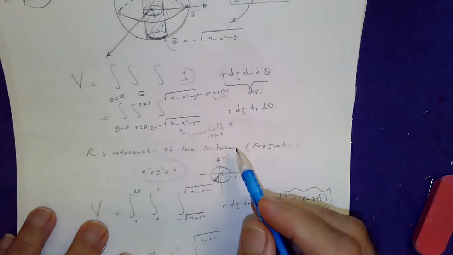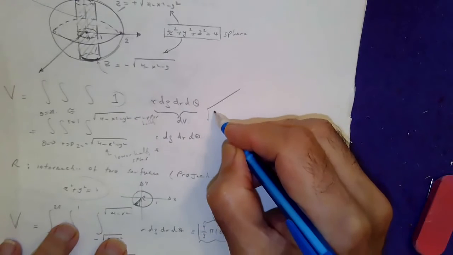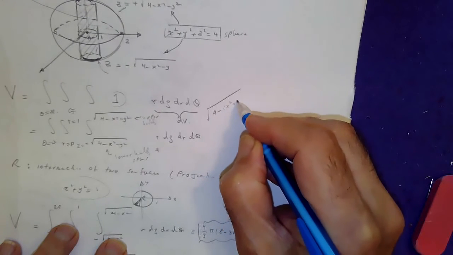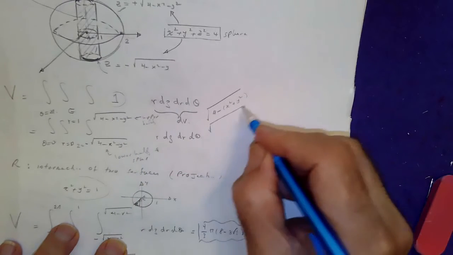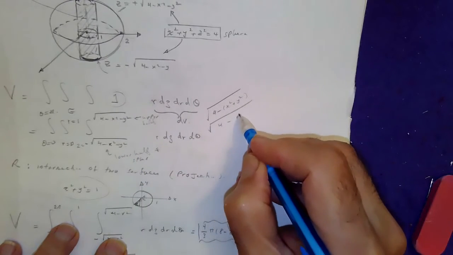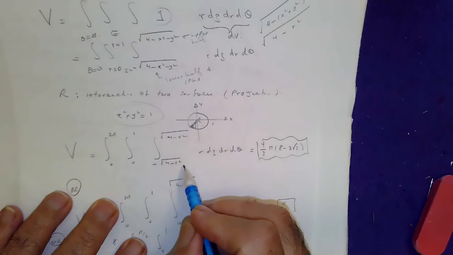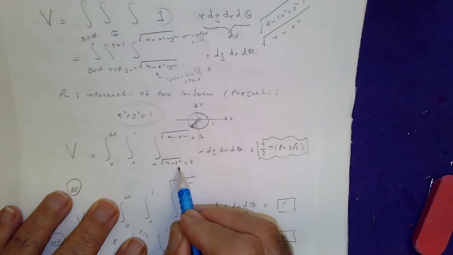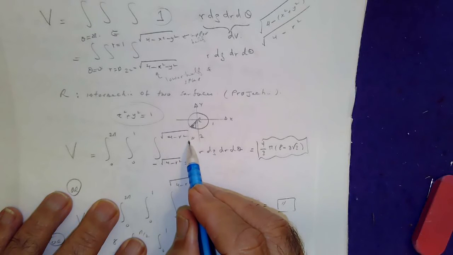So guess what? I'm going to rewrite this as what? Square root of 4, factor out the minus, so you get x squared plus y squared, from these limits. But remember, x squared plus y squared is the same as r squared. So therefore, z goes from minus the square root of 4 minus r squared to square root of 4 minus r squared.